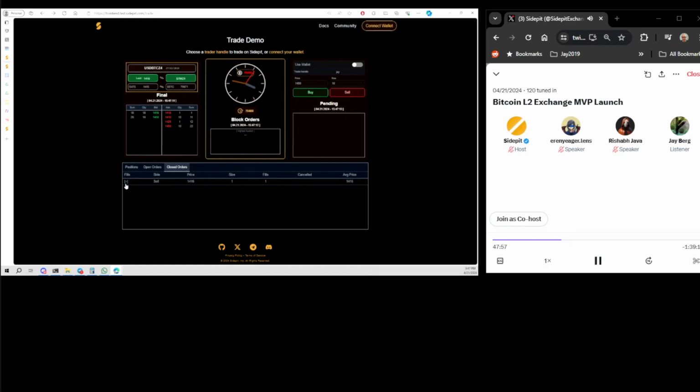They call it a two-way peg, which doesn't exist. So in some iterations, this could be a centralized custodian. It could be a federation, a multi-sig. At this point, what we're doing today is just trust, right? Trusting each other.